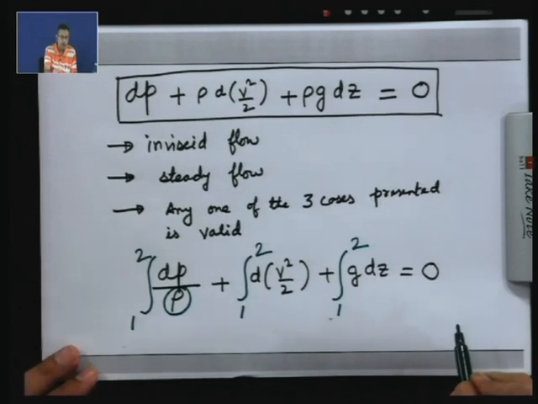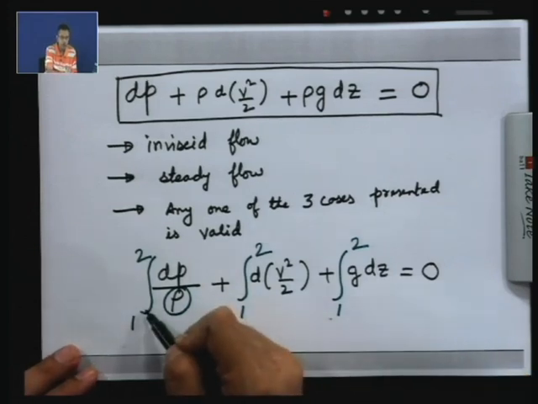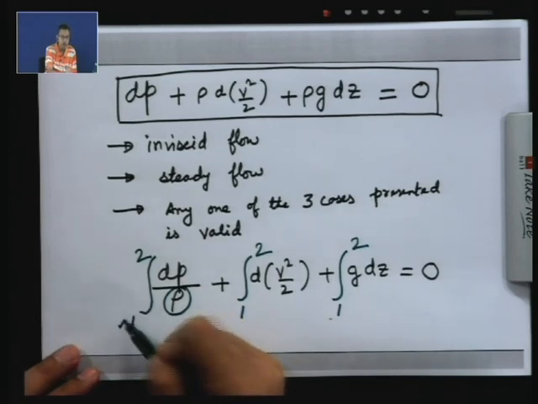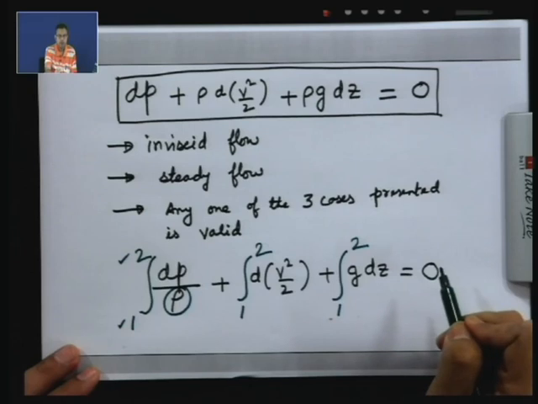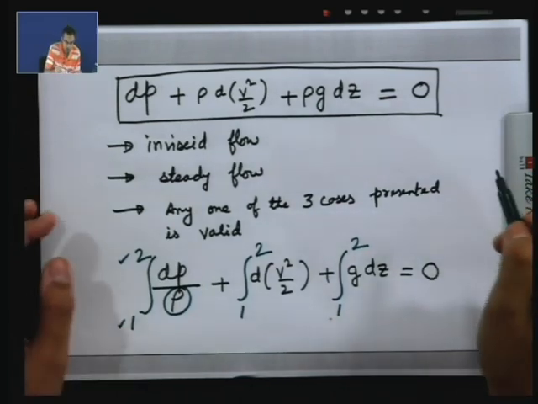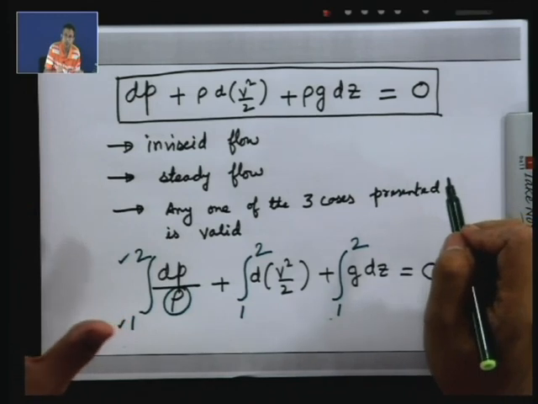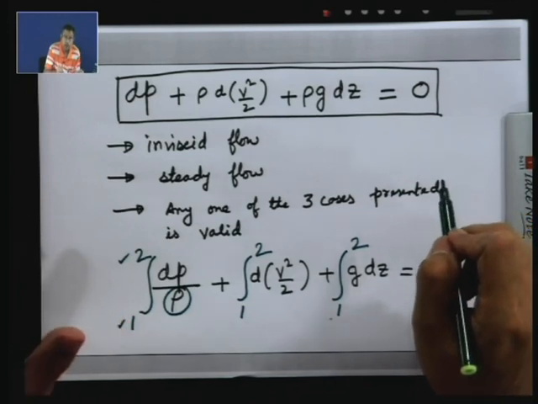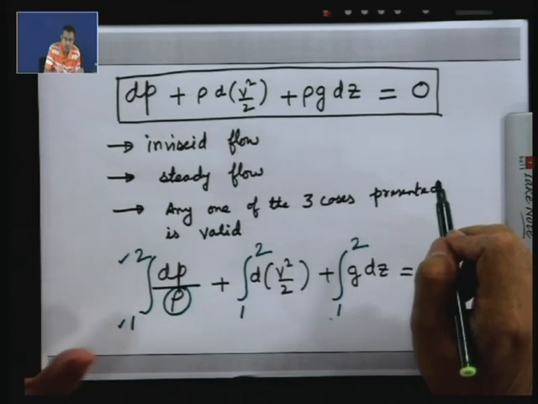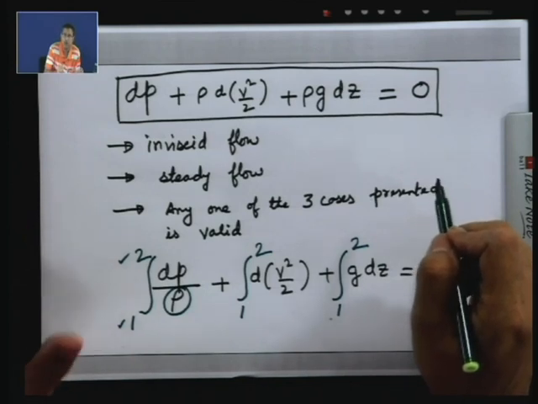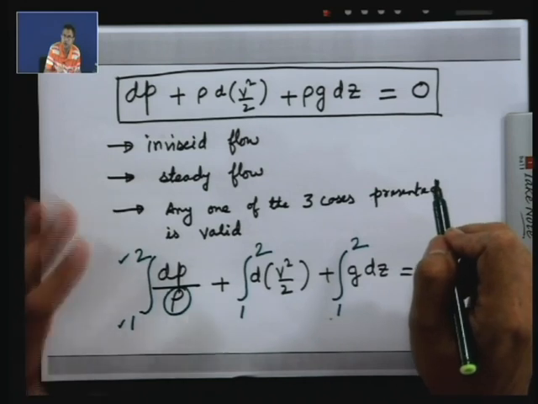Before coming into that, we have to discuss very critically where these points 1 and 2 will lie. For that we have to consider the 3 cases that we have presented. The first case was along a streamline. If it is along a streamline, it does not matter whether it is irrotational flow or rotational flow or whatever.